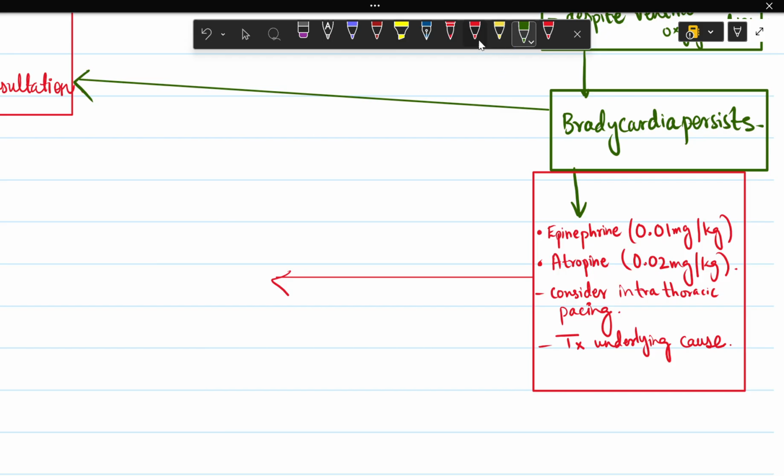The child was in persistent bradycardia and we were not able to help the child with the bradycardia. Then the next thing that might develop would be collapse, right? The pulseless arrest might occur.